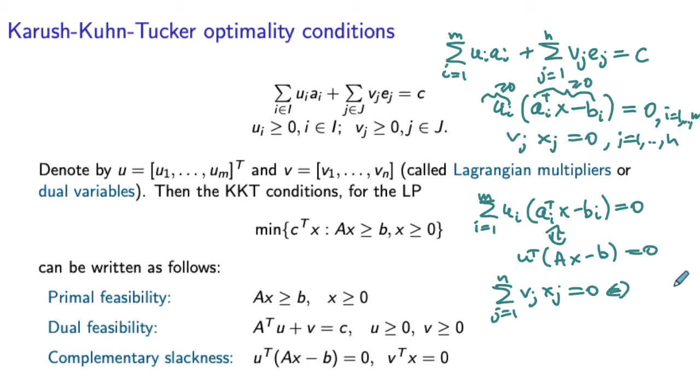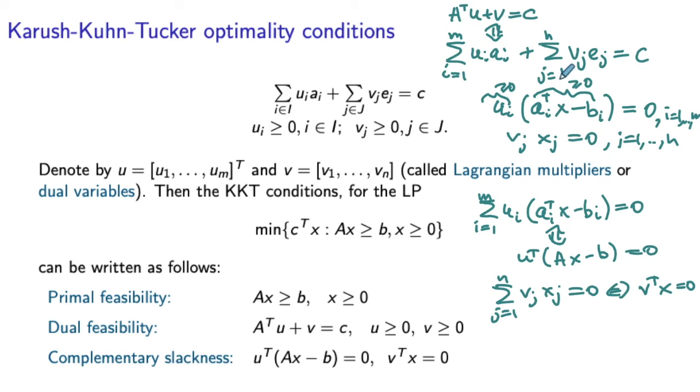And we can represent this as a scalar product v transposed x. Also note that this system right here can be written in the matrix form as A transposed u plus v is equal to c. Alright, so this is equivalent to what we have here.